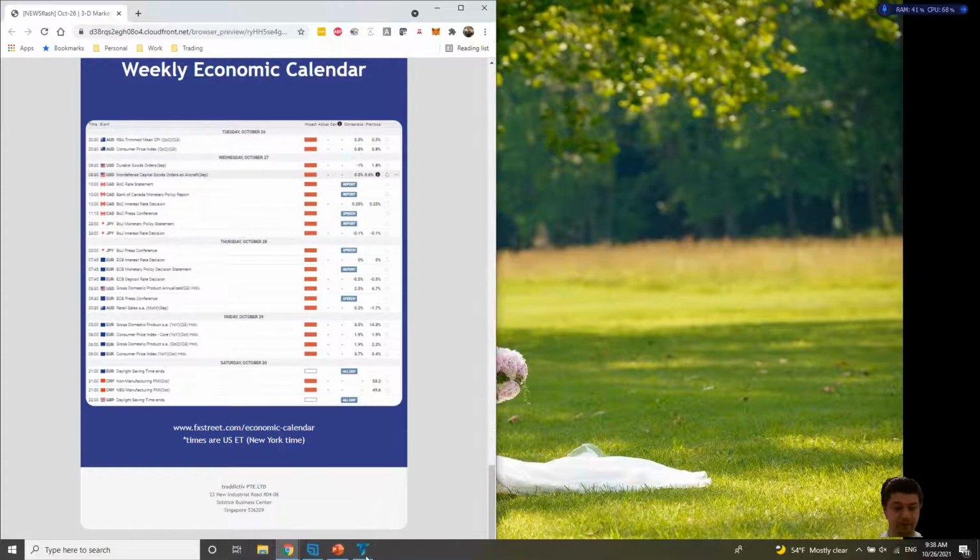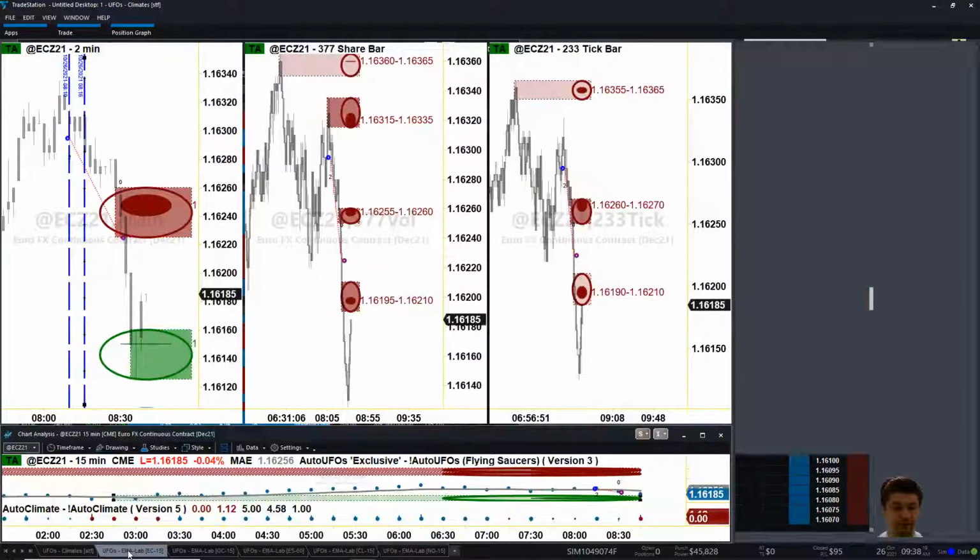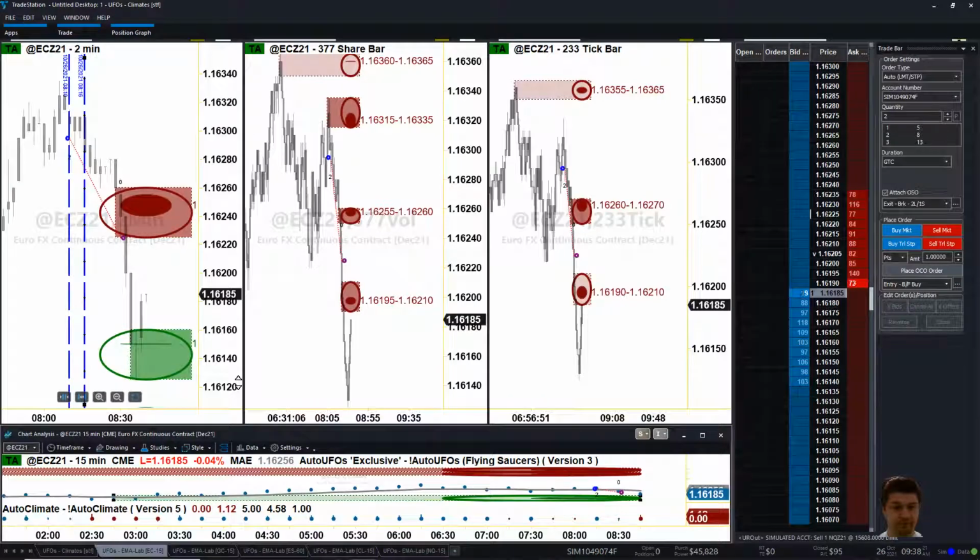Oops. So we're going to have an update to the climate in about 6 minutes from now. Actually, yeah, 6.5 minutes from now. 257. This is still at the same location that we were looking to short earlier.